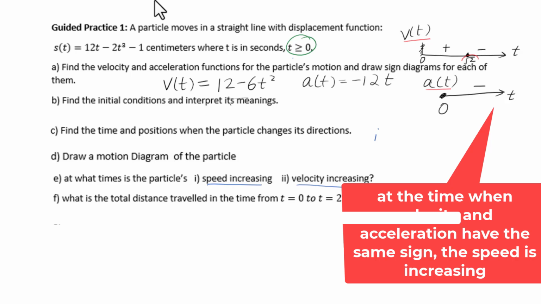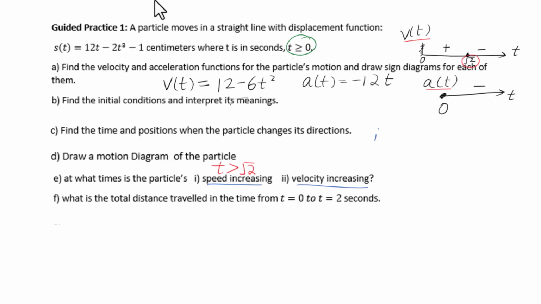When t is greater than square root of 2, the velocity and acceleration are both negative, so the speed is increasing.